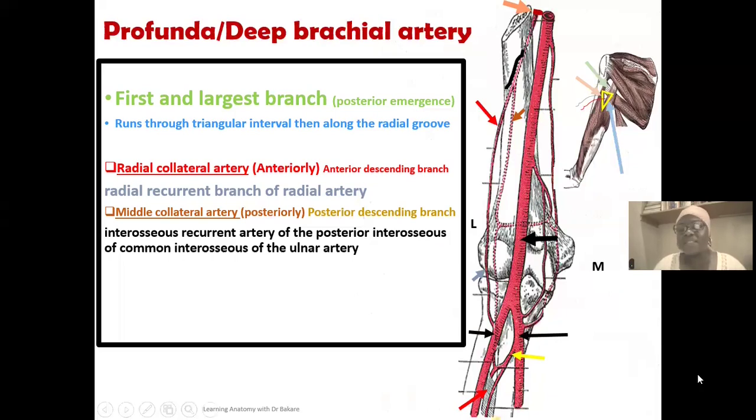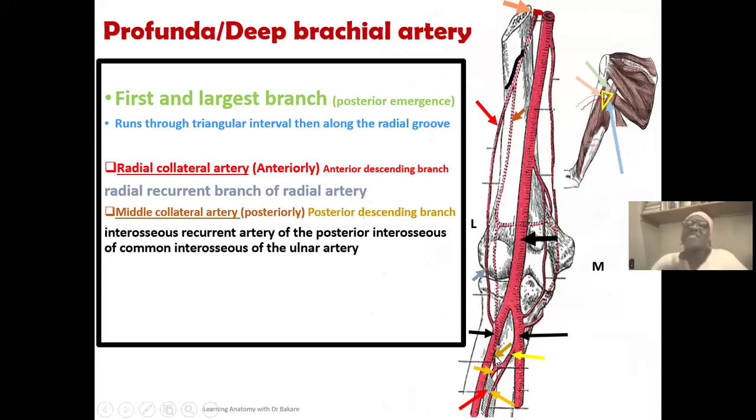So this is where we have the anterior interosseous artery that is seen to be located anteriorly to the interosseous membrane. While behind the interosseous membrane, we have the posterior interosseous artery. So it is from the posterior interosseous artery that we have the emergence of the interosseous recurrent artery. And this is what is arrowed there at this point.